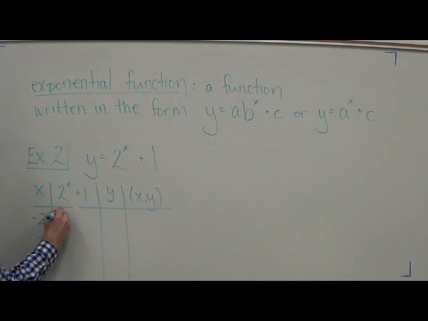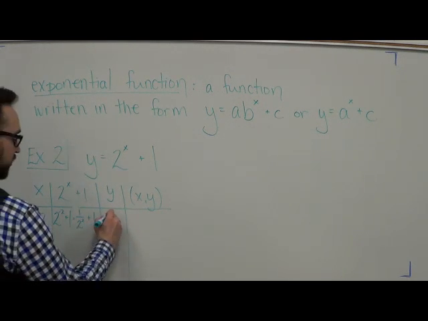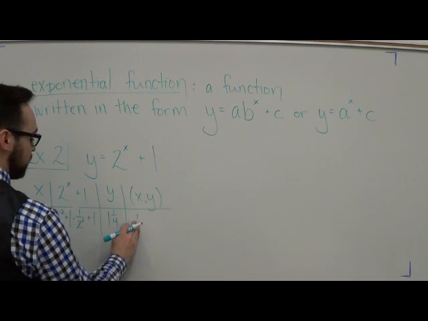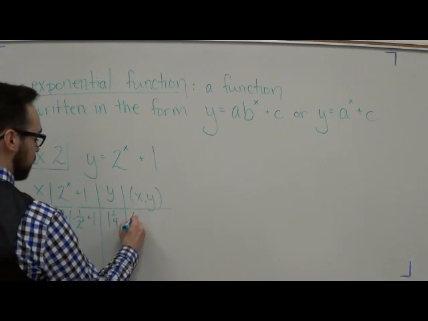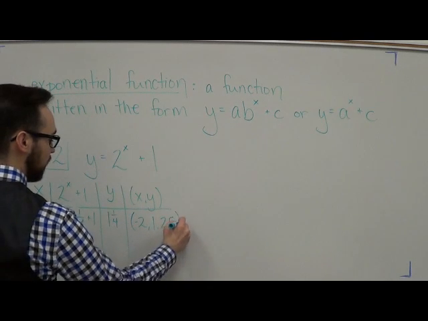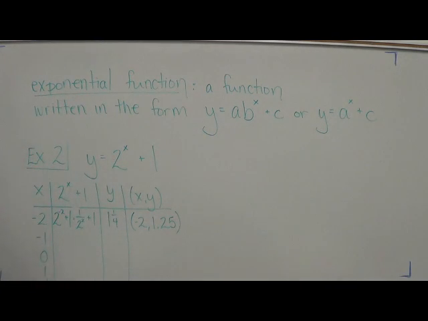So we have 2 to the negative 2 plus 1 means we have 1 over 2 squared plus 1. So that's 1/4 plus 1 gives us 1 and 1/4, or we can just write that as 1.25. So we'll end up with negative 2.